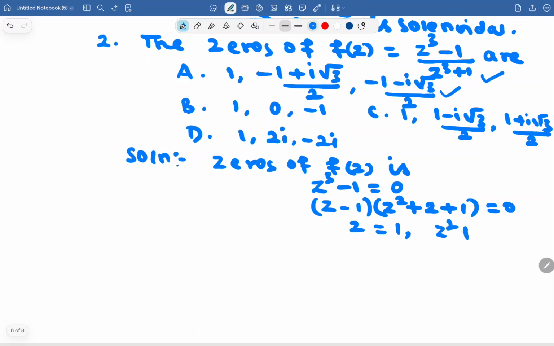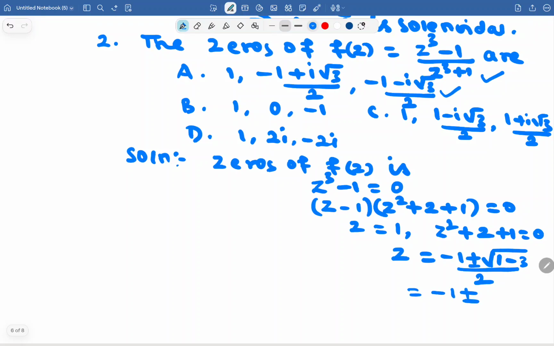Z square plus z plus 1 equal to 0 means z equal to minus 1 plus or minus root of 1 minus 4 by 2, that is minus 1 plus or minus i root 3 by 2.